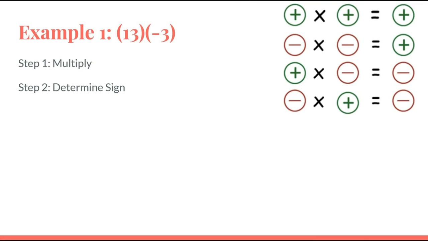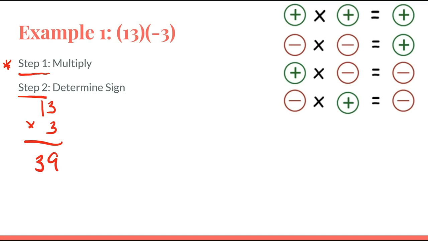13 times negative 3. Step 1 tells me first, just multiply normally. So I'm going to do 13 times 3. 3 times 3 is 9. 3 times 1 is 3. So I multiply normally. When I multiply 13 times 3, I get 39. Now, step 2, determine which sign it is. So my 13 is positive.